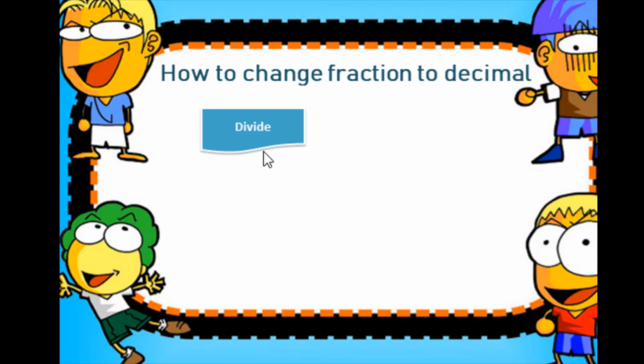Good job. Next, we have numerator. If you can remember, the numerator is the part of the fraction that you see on top of the bar line. Again, numerator. Okay, let's have the next one.